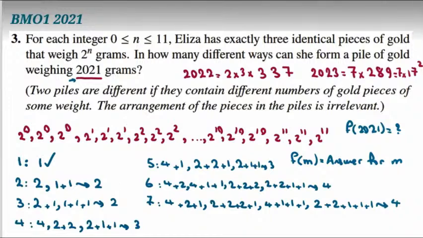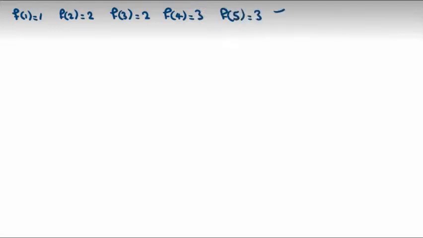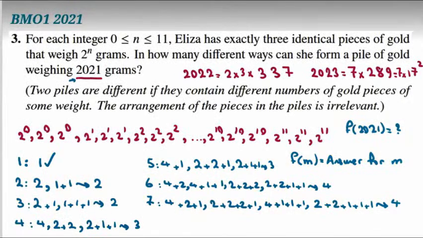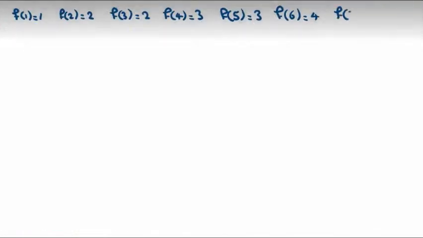So let's write f of 1 is 1, f of 2 is 2, f of 3 is 2, f of 4 is 3, f of 5 is 3, f of 6 is 4, and we've calculated f of 7 is 4. So we guess that f of 2k, if it is an even number, is what?